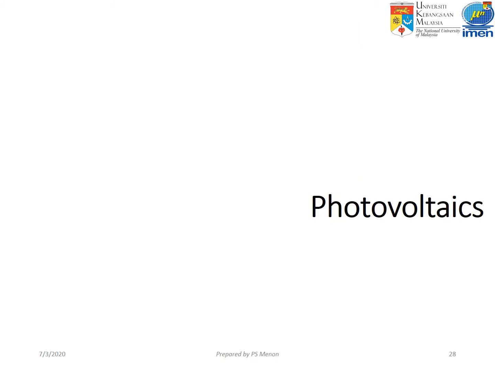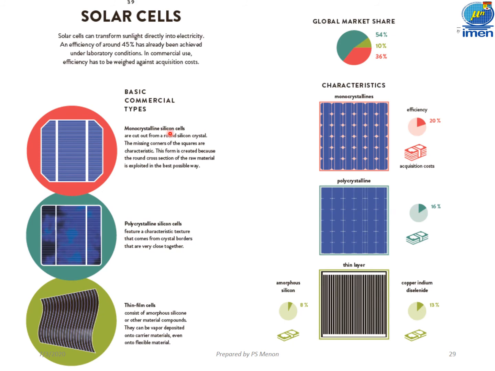Photovoltaics, or solar cells. Solar cells can transform sunlight directly into electricity. An efficiency of around 45% has already been achieved under laboratory conditions. In commercial use, efficiency has to be weighed against acquisition cost.